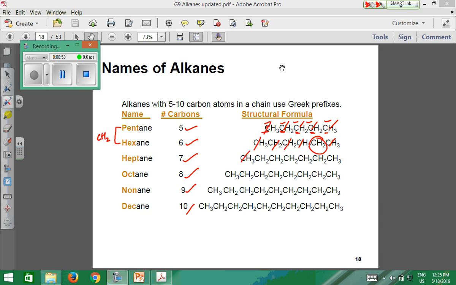So if I cancel these two, and these two, and these two, again I got CH2 every time. For the next member, I am adding a CH2 group, and I'll get the next member. So it is heptane, octane, nonane, and decane. If the children learn the names of these, it's very easy, because just from the number of carbon they can give the name of this.